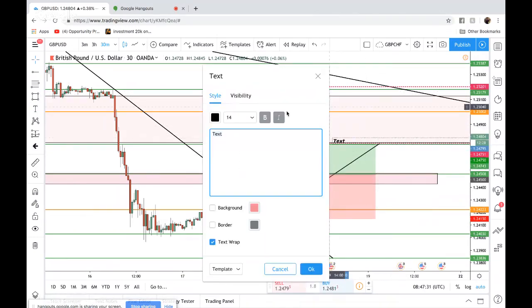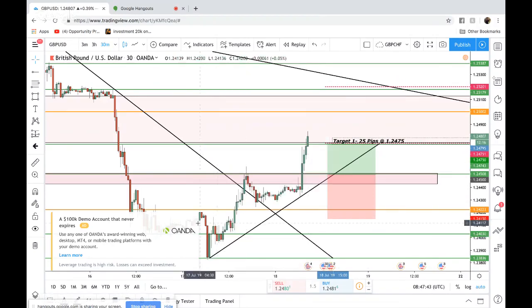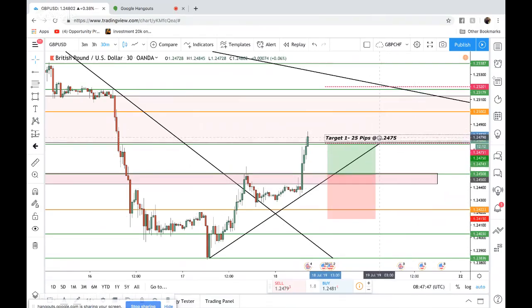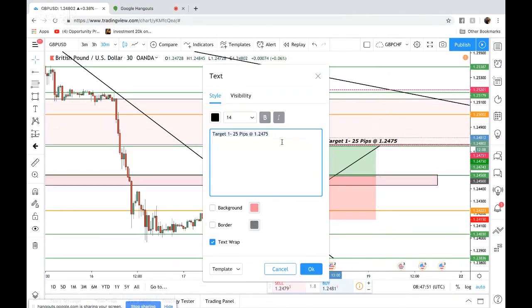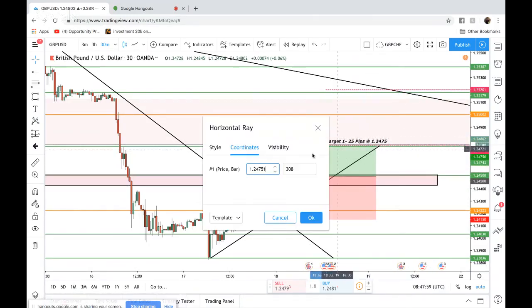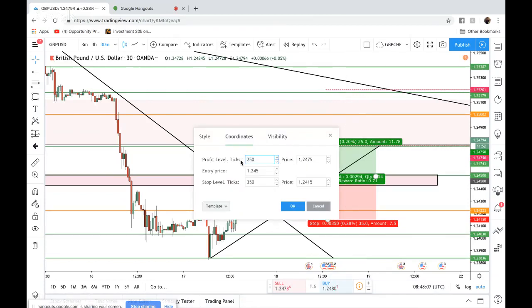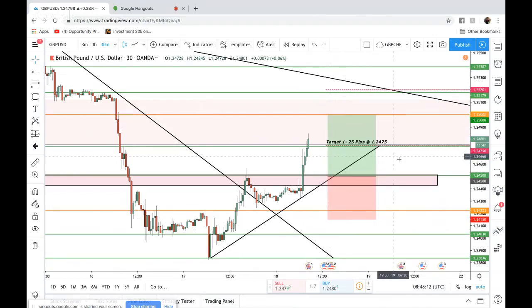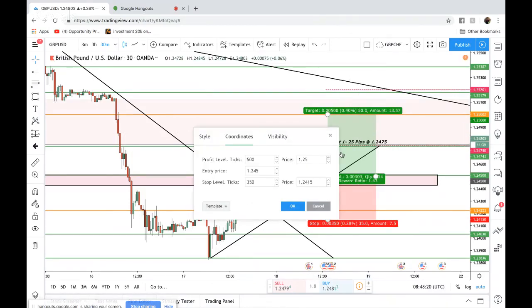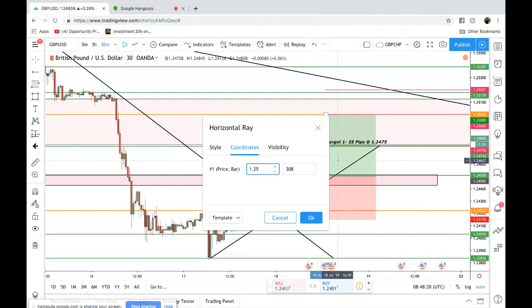But if we can't, target 2, 50 pips falls right into that next level.